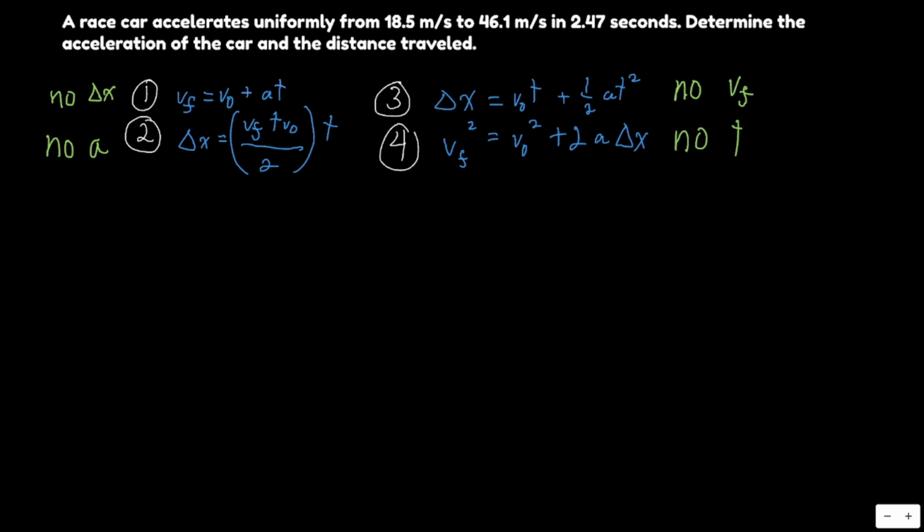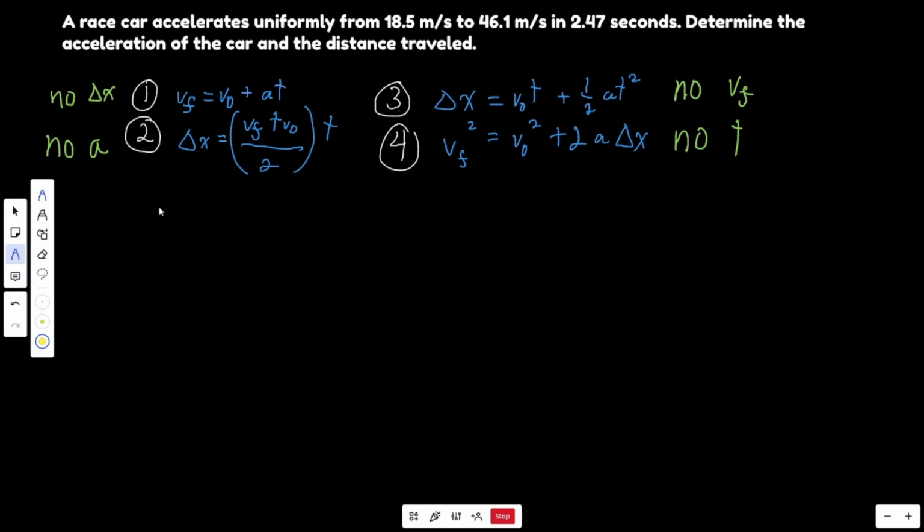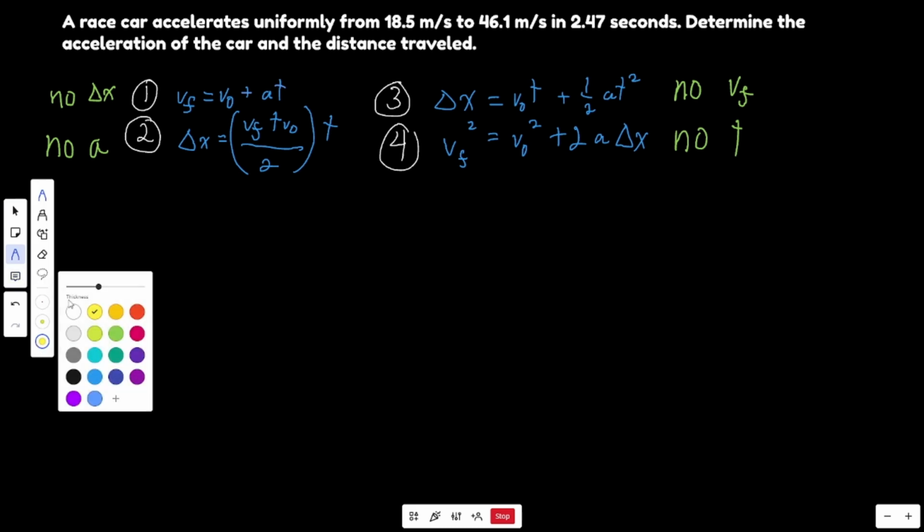Okay, so for this question, we have to do the same thing, and we're going to first identify the variables that are given. Based on this question, we are given initial velocity.